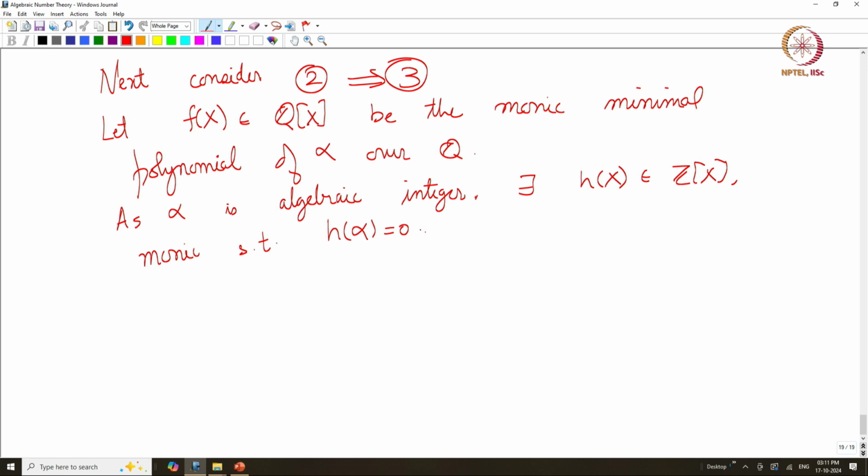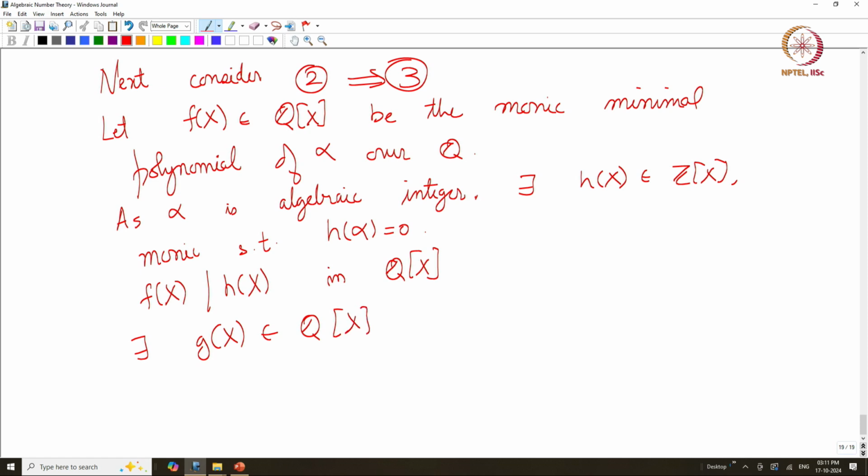But by definition or by an easy lemma, depending on how you define minimal polynomial, we know that f(x) divides h(x) in Q[x]. This division does not happen in Z[x] because f(x) need not even be in Z[x]. So, there exists g(x) in Q[x] such that f(x) times g(x) equals h(x). Right. And what is our aim? Recall that our aim is to show that f(x) itself is in Z[x].